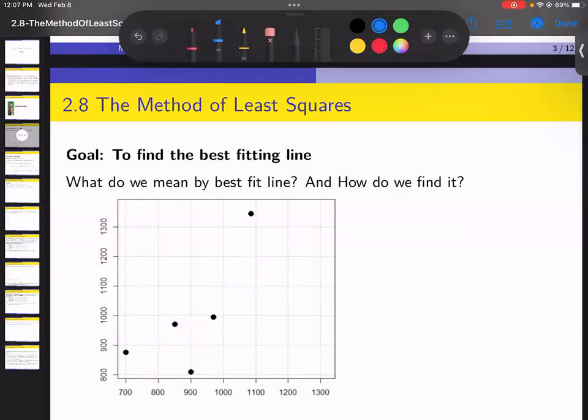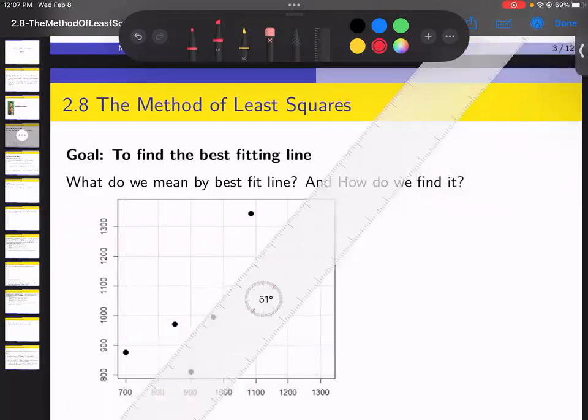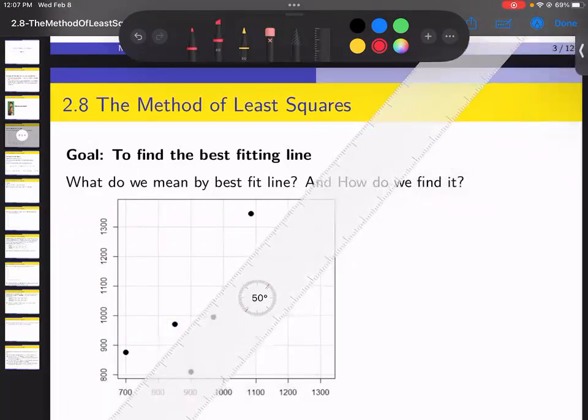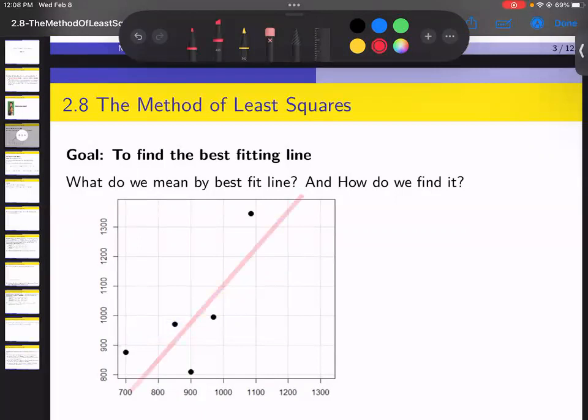Now imagine I draw a line. I'm just going to arbitrarily draw a line here. I don't know yet if it's the best fit line. Just a line. And what I'm going to do next is draw a distance from each data point to the line.